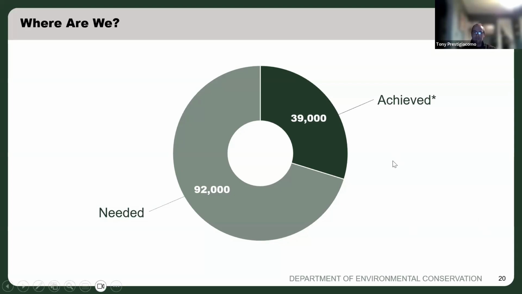This asterisk is to remind me that these estimated pounds that we're getting are only from a handful of DEC grant programs like WQIP, the NPG program, and only a couple of Ag and Markets programs, which we also track, the Ag Non-Point Source program and climate resilient farming.